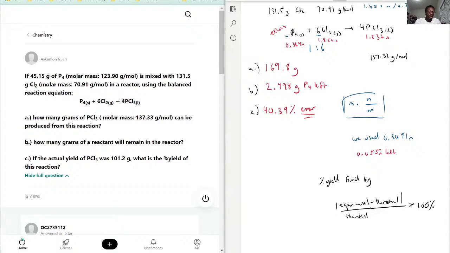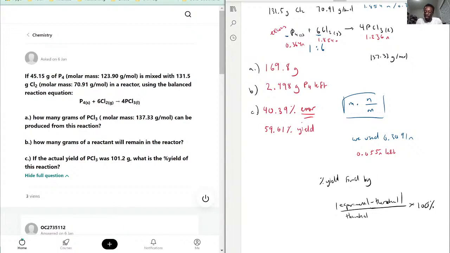So it will be 100 minus that answer, because I was already thinking of percent error, but percent yield is the other way around. So we have actually a 59.606 or 61% yield. So this would be more percent error.